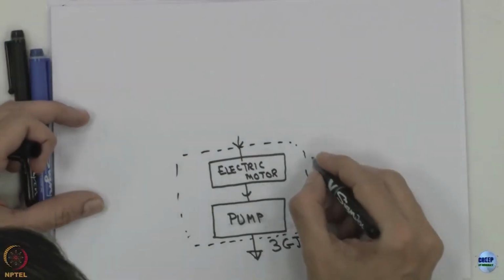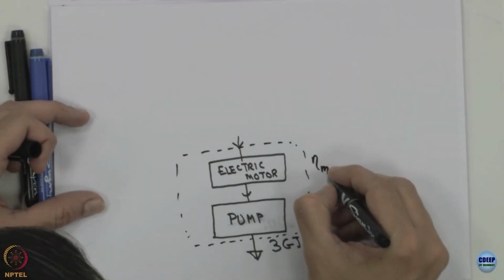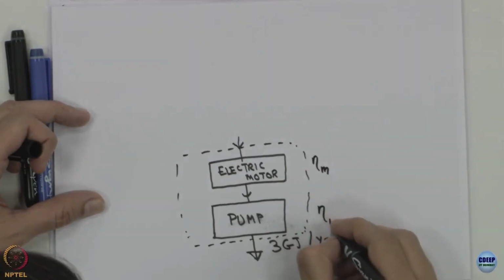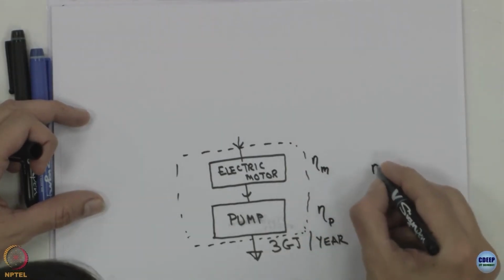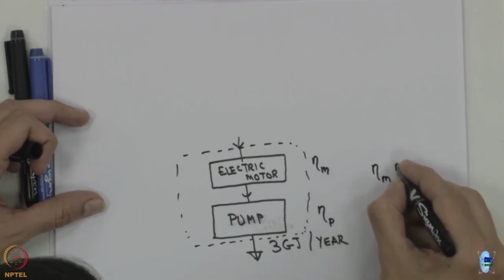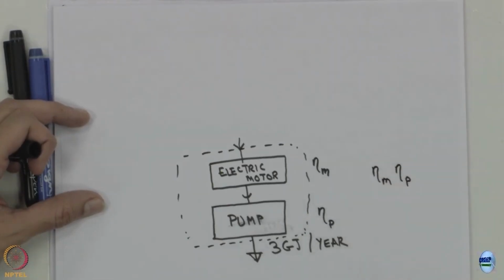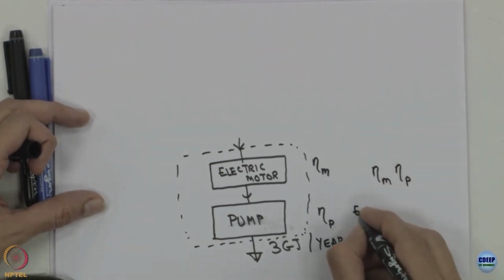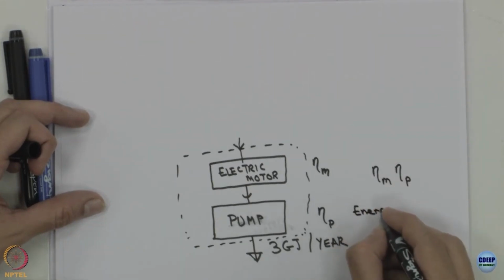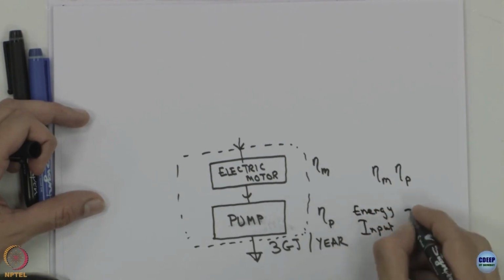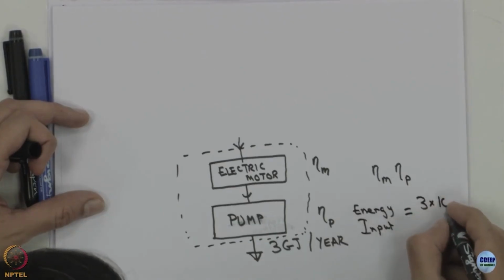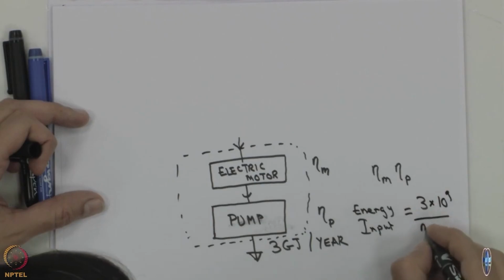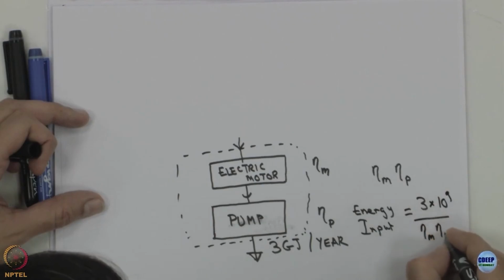So here, with eta motor and eta pump, the overall efficiency which the farmer sees is eta motor times eta pump, and so the energy input required in terms of electricity is 3 times 10 raised to 9 joules divided by eta motor times eta pump.